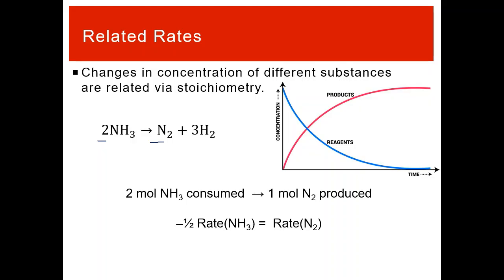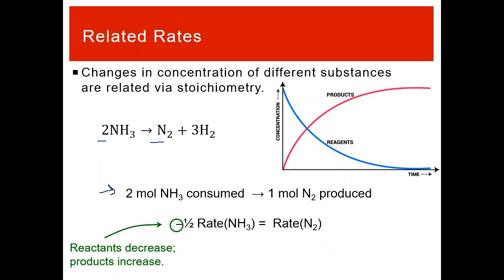So the stoichiometry is right here. It's 2 moles of NH3 consumed for every 1 mole of N2 produced. So you'll note it's -1/2 times the rate of NH3 equals the rate of N2. So that -1/2 term, we can decompose first the negative sign.